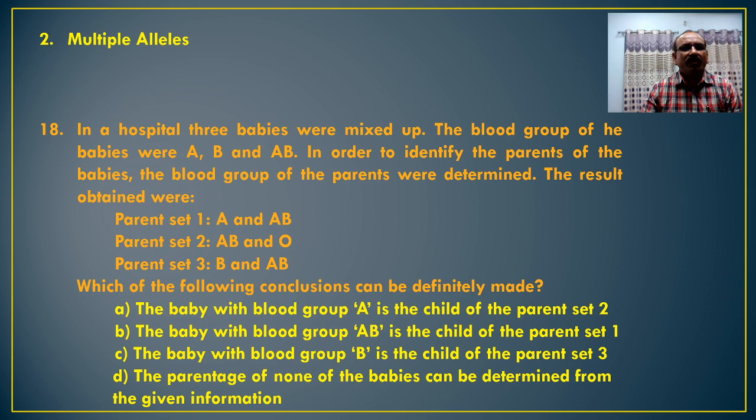The results obtained were: parent set 1, A and AB; parent set 2, AB and O; parent set 3, B and AB. Which of the following conclusions can be definitely made? For this we have to cross these, so that we will be able to identify the set of parents responsible for the particular babies.